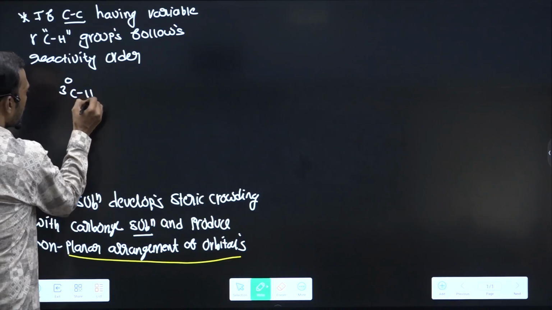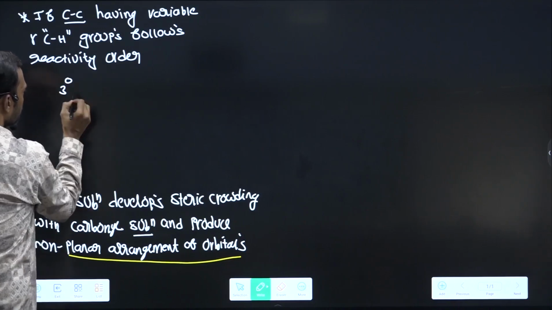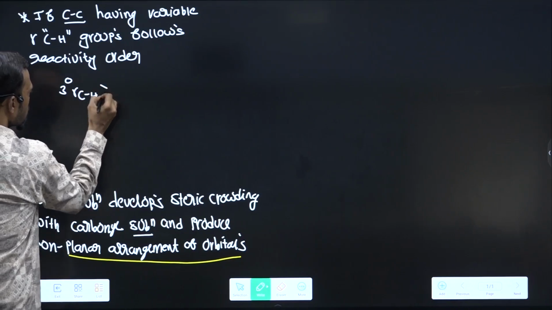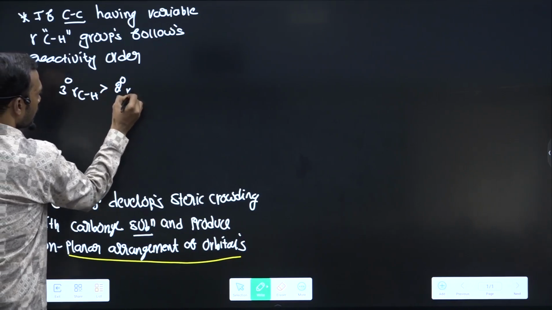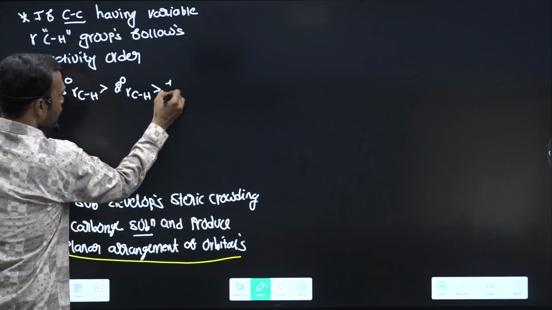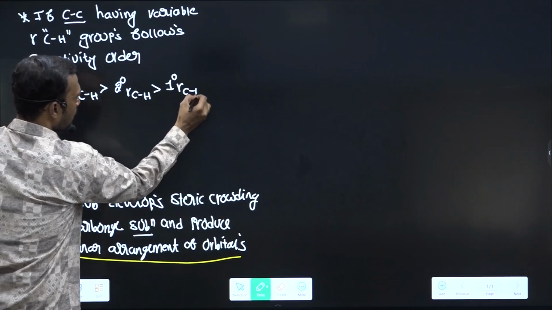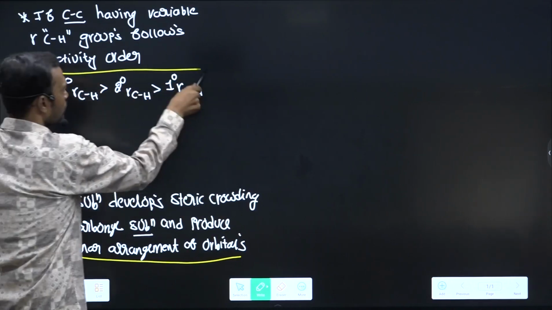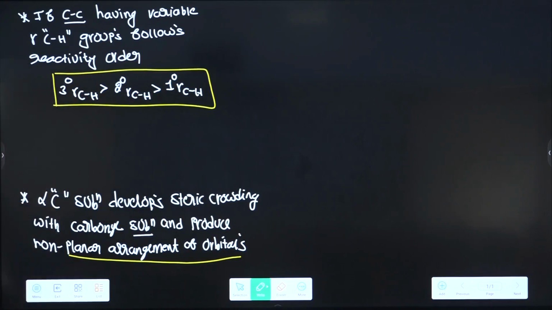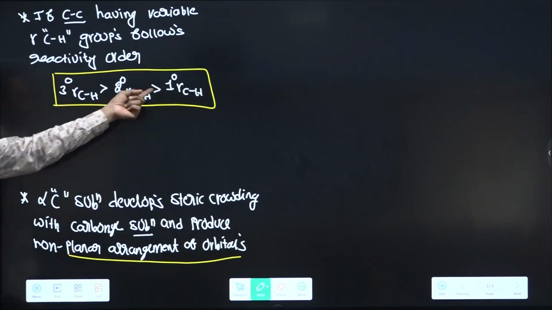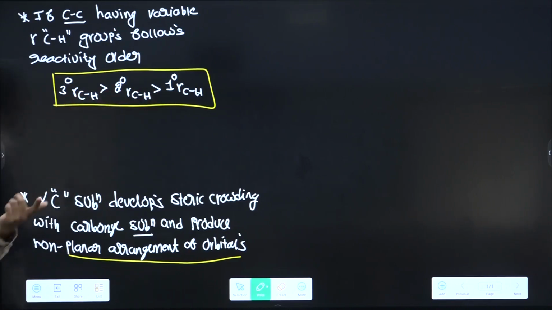So the tertiary gamma carbon is more reactive, having the weakest bond compared to the secondary gamma carbon hydrogen, followed by the primary gamma carbon hydrogen. You need to follow this reactivity order. If more than one gamma carbon is present, whichever gamma has more carbons, meaning tertiary, has a much weaker bond compared to the others. More reactive means a weaker bond.